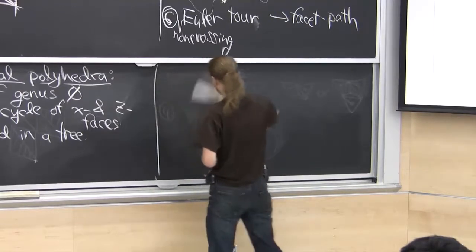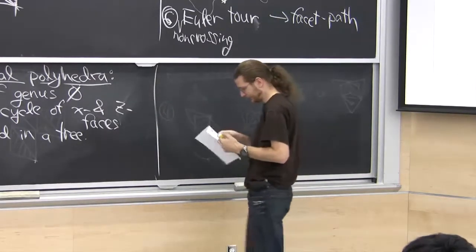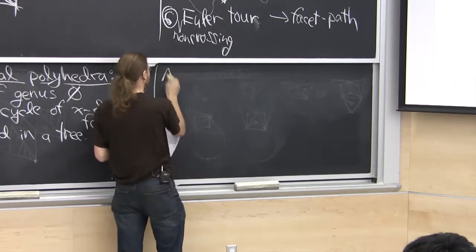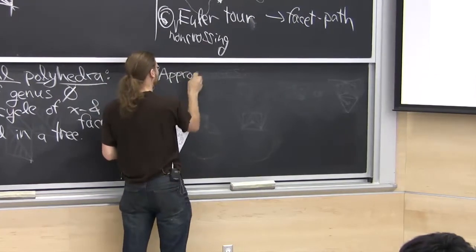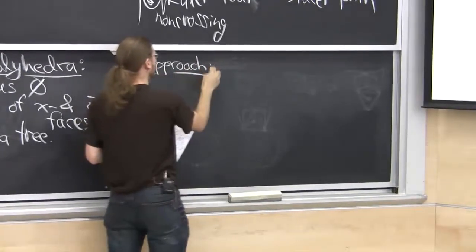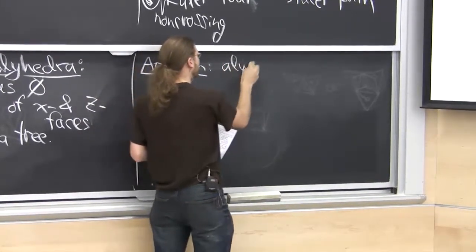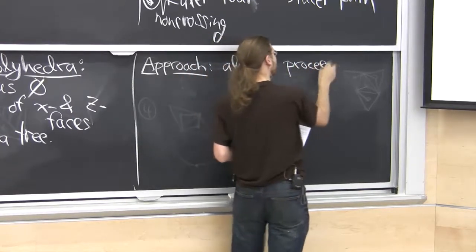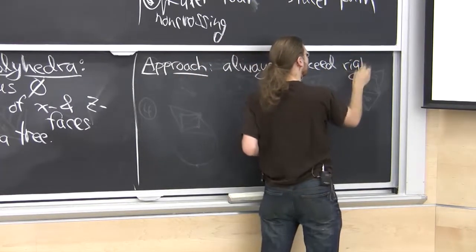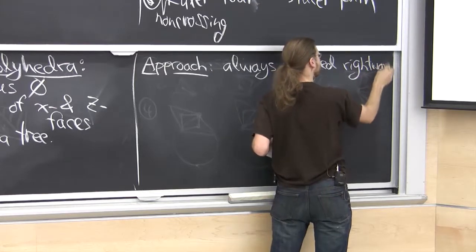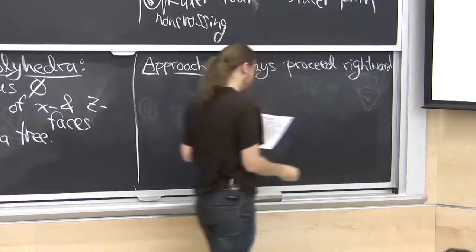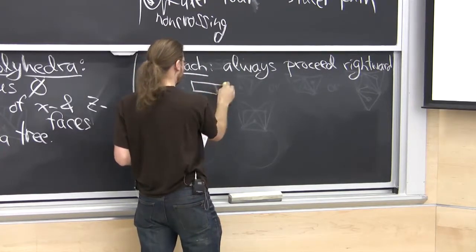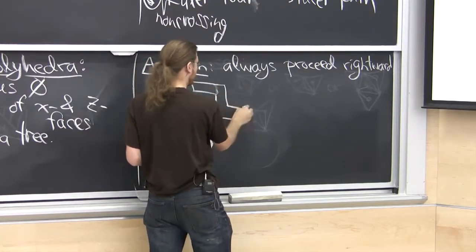It's going to start out kind of innocent, but let's see. The general approach is always proceed rightward in the unfolding. So the unfolding will look something like this.